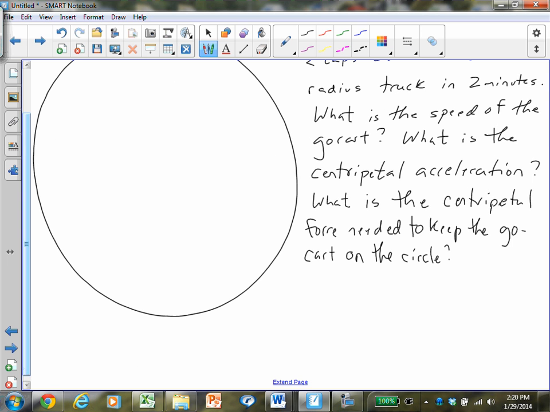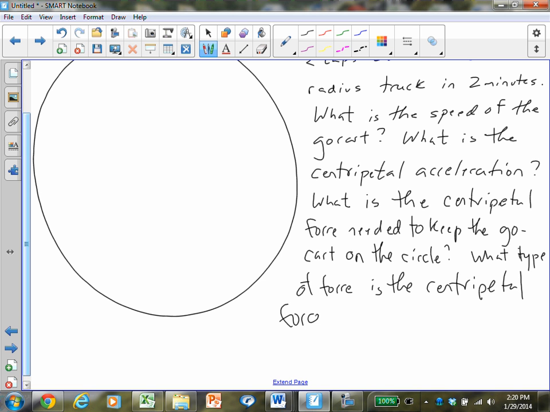What type of force is the centripetal force? And what is the minimum mu?